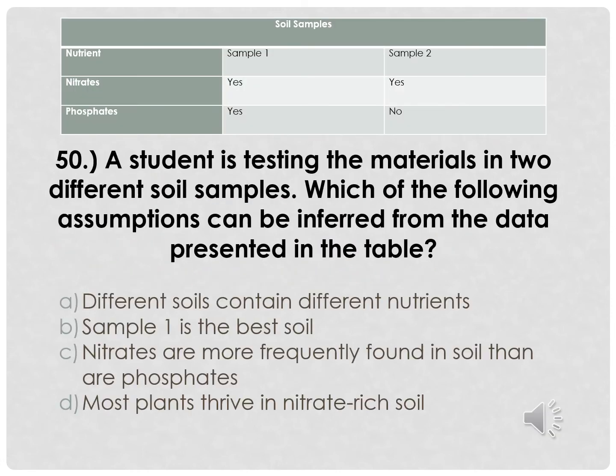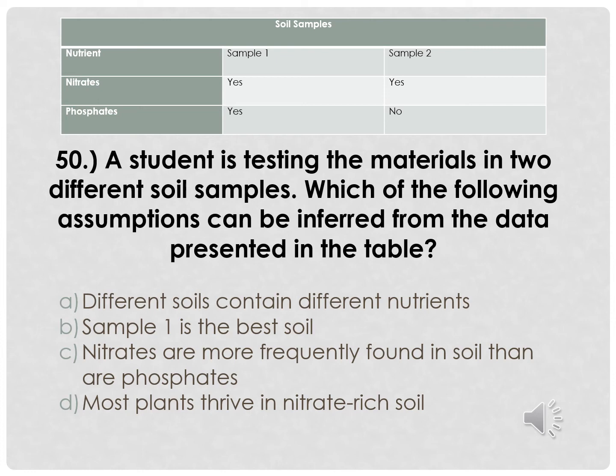This question is looking at inferring an answer. When you're inferring an answer, you're coming to a conclusion reached on the basis of evidence and reasoning. So here, the question is asking, a student is testing the materials in 2 different soil samples. Which of the following assumptions can be inferred from the data presented in the table?